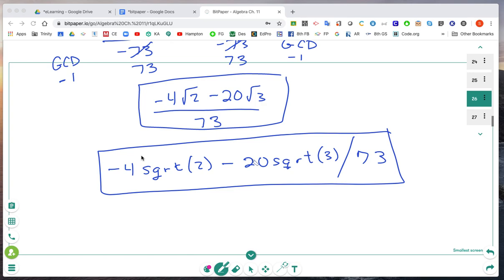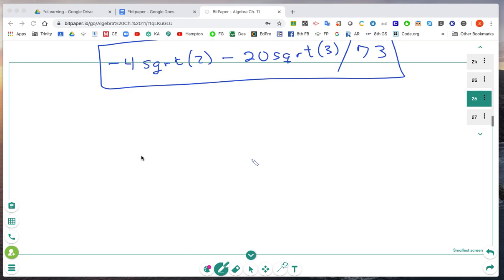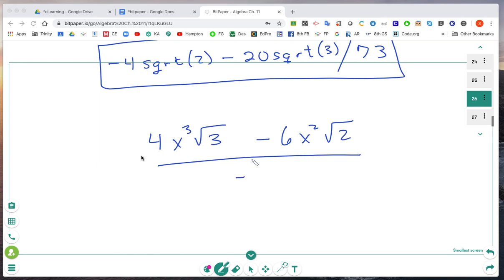Now, let's just go back and let's pretend like we got an answer that said 4x cubed square roots of 3 minus 6x squared square roots of 2 all over negative 20x. So let's pretend that was the answer that we got and we had to simplify it.